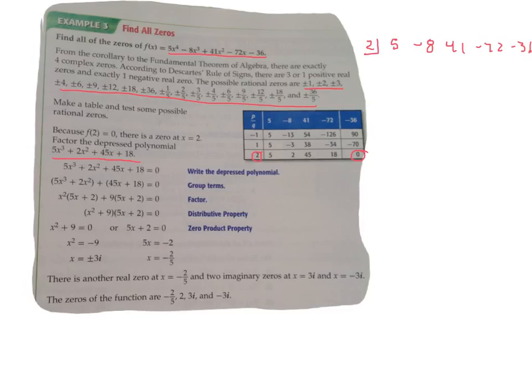From here they went ahead and factored by grouping what was the greatest common factor and the greatest common factor, and they got these two, and then they solved each of those to get the other zeros. So there is a rational zero at 2, a rational zero at -2/5, and then 2 imaginary zeros at 3i and -3i. So go ahead and try the check your progress.